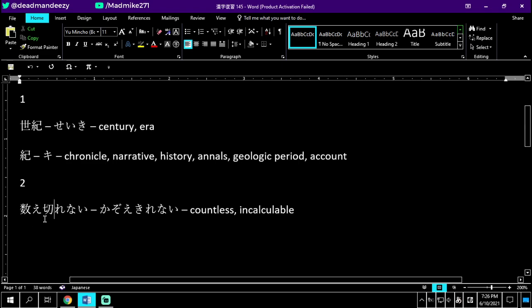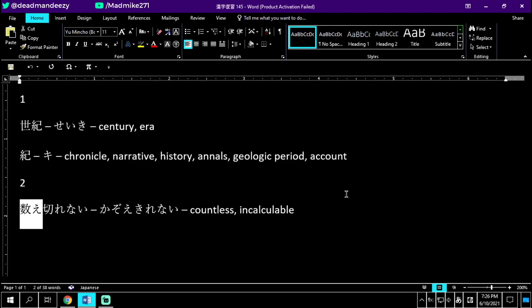Literally means you can't cut the number or count. You can't cut a counting of it because it is countless or uncountable. Kazoe kirenai. We already know both of these kanji, so I won't be going over them. Just know that the left one is count or number, and on the right side we have kiru or cut.